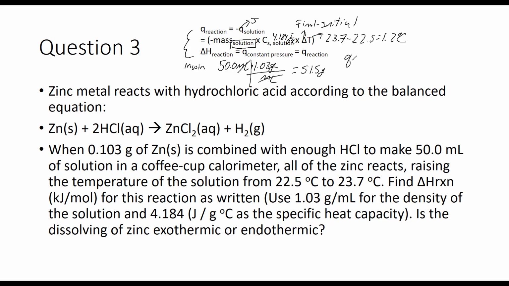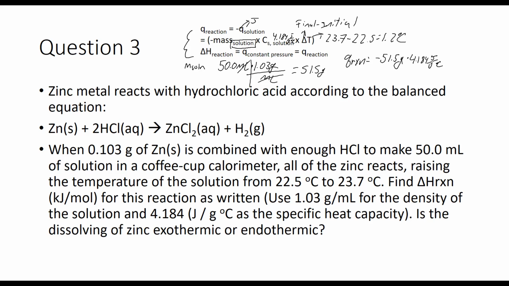So Q reaction, which is the left side of our equation, basically. That's what Q reaction is equal to: negative Q solution, which is mass, 51.5 grams, multiplied by C_s, 4.184 joules per gram centigrade.